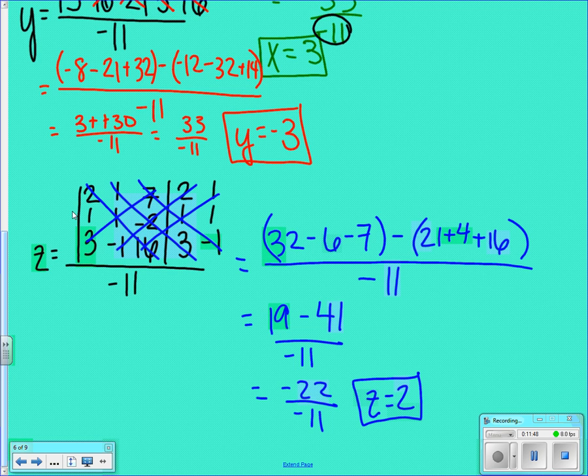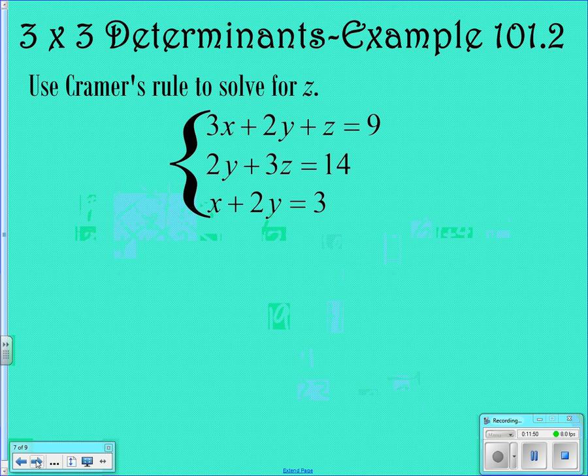So let's look at Cramer's rule to solve for z here. So we want to only solve for z. That's usually what they're going to do, have you solve for one variable. But if you look, we've got a little bit of a trouble because we don't have all three variables in all three equations.